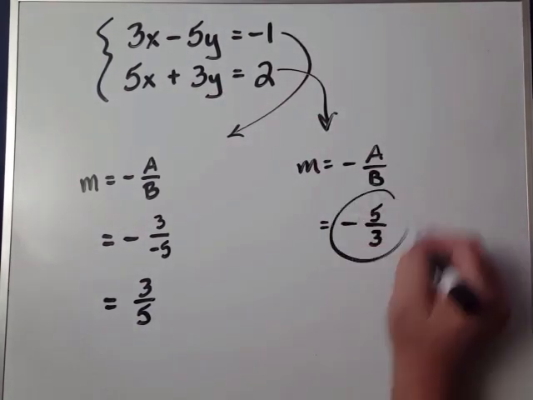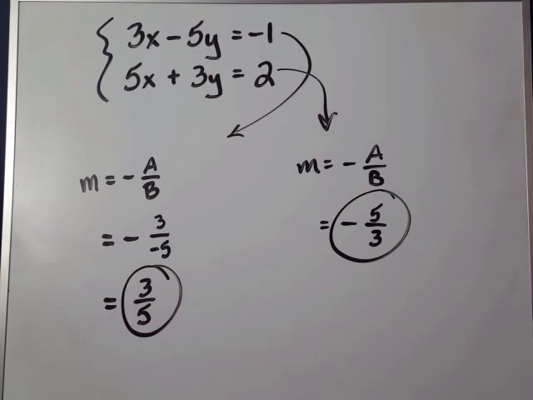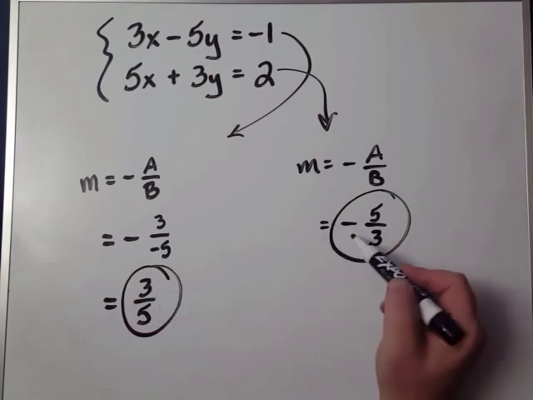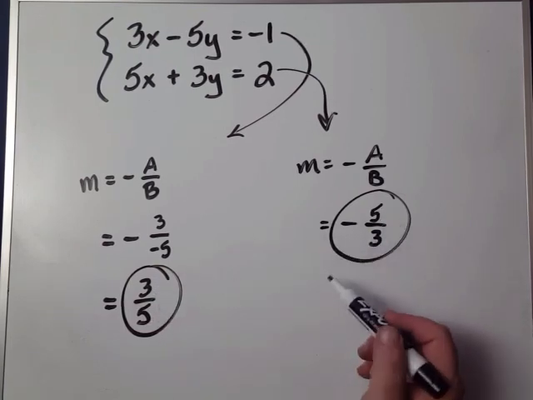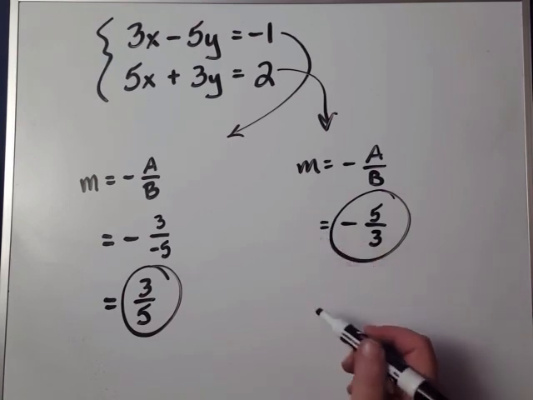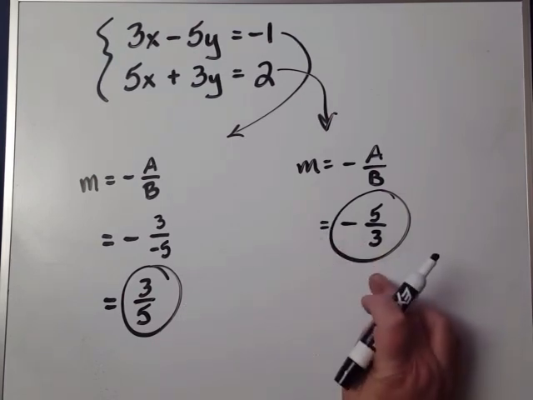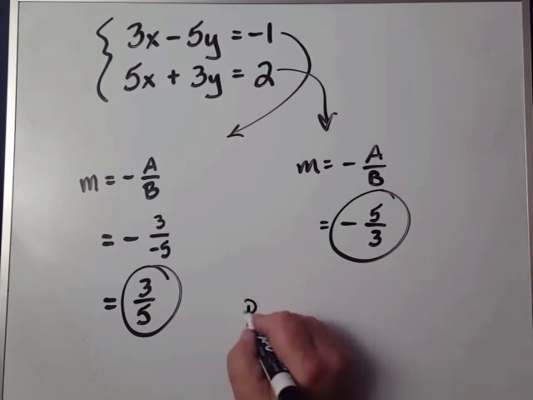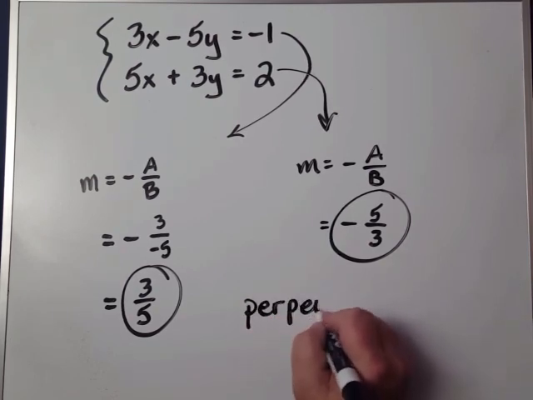There's my slope. So my slopes are positive 3/5 and negative 5/3. Are they the same? No. So these lines are not parallel. Are these opposite reciprocals? Are they opposite in sign and flipped over from each other? Yes. And so these two lines are perpendicular.